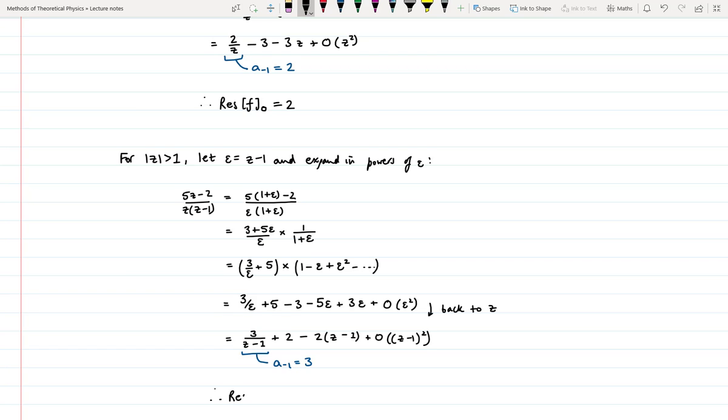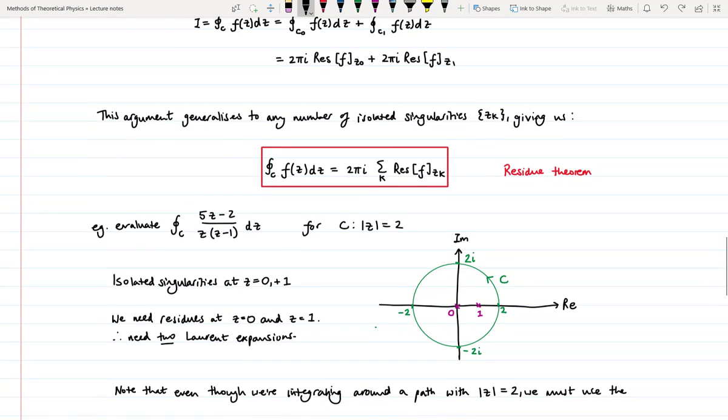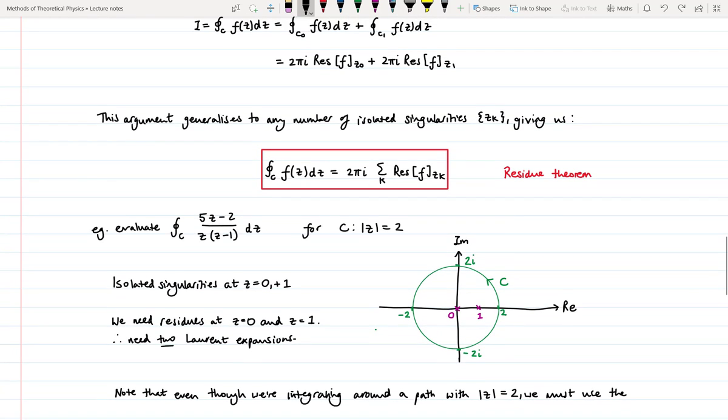Therefore, the residue of our function at the point z equals 1 is simply 3. Okay, we've got the residues we need. Now all that's left to do is to substitute them into the residue theorem in the red box.